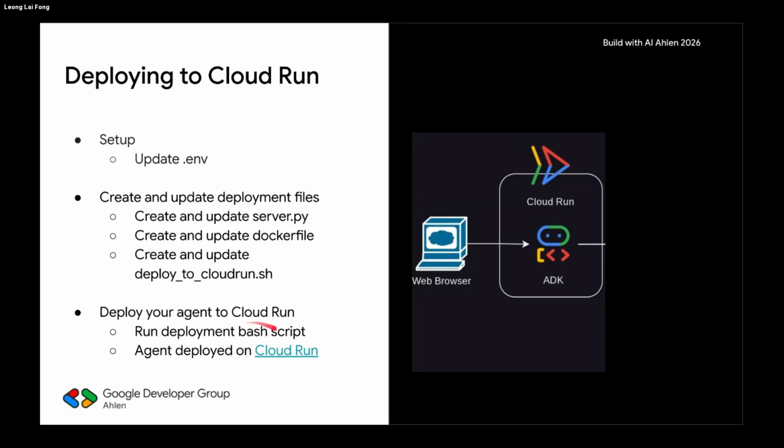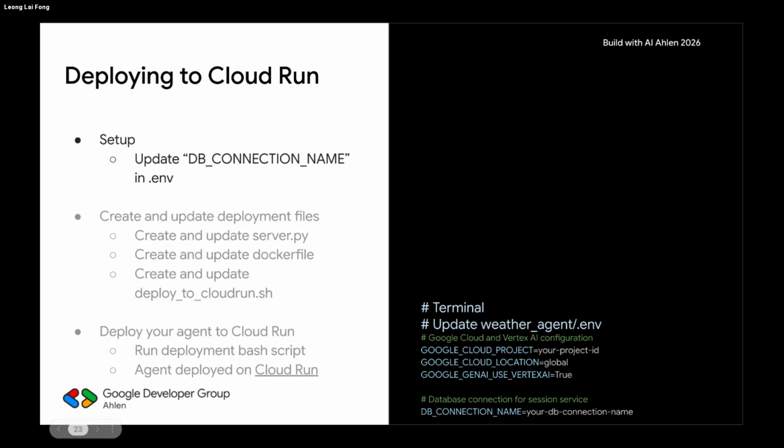So once it's done, we will be able to see the agent deployed on Cloud Run. So I think for this part, I will quickly show you the setup part, and I think it's easier if I just show you directly on the Cloud Console side.